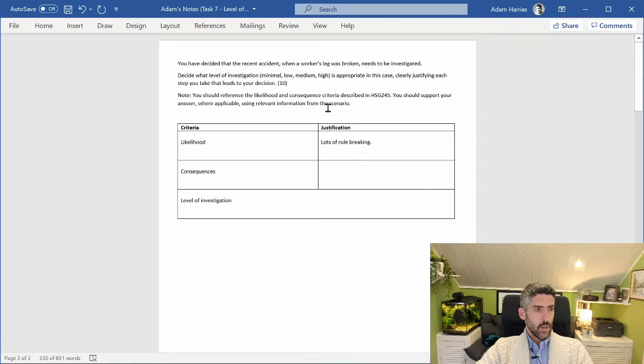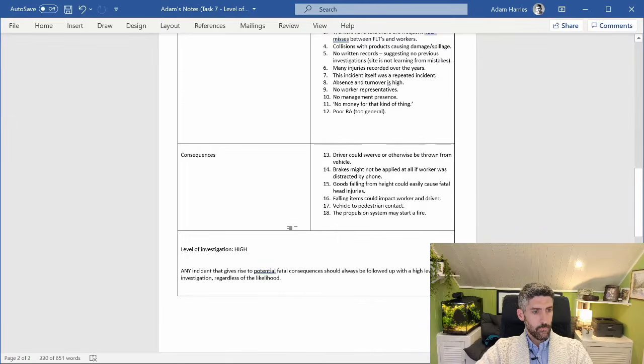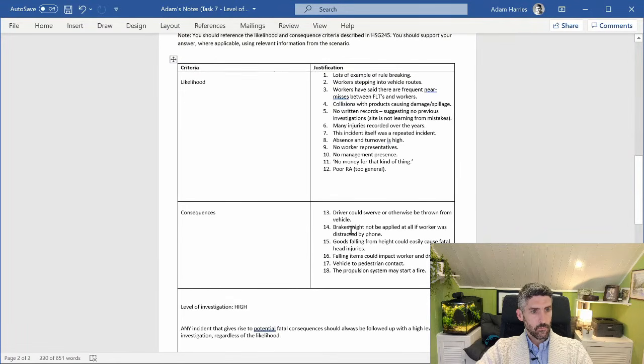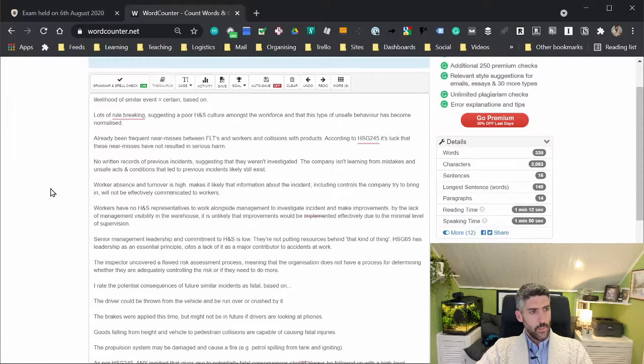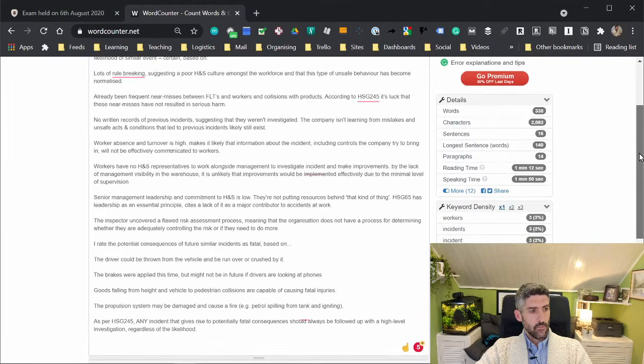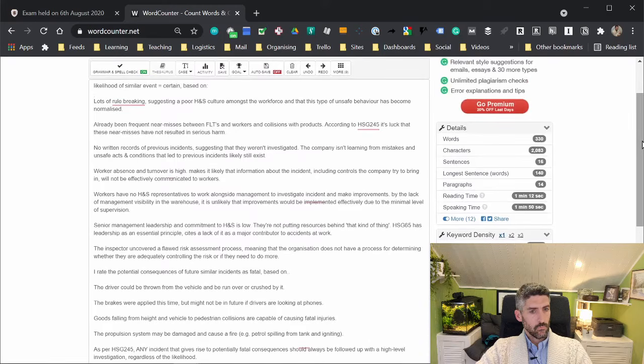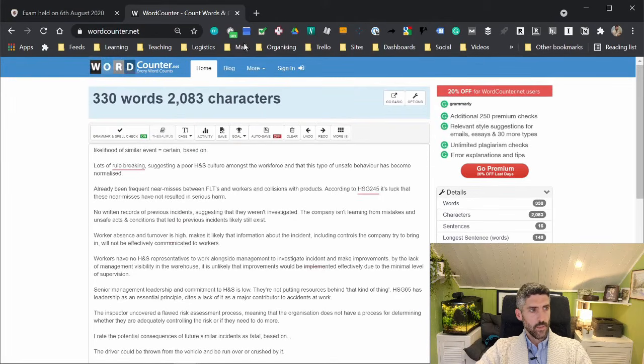So in summary, I'd start with something like that as a structure. Then I'd populate it, pulling out information from the scenario, and then this is just each of those points in that second column that have been expanded on, just using a couple of sentences or so to expand on the point, making sure that it's within the word count.